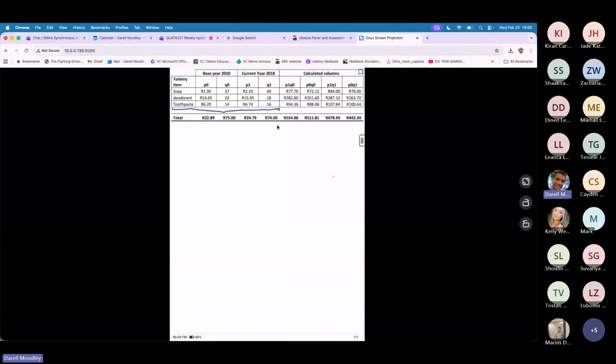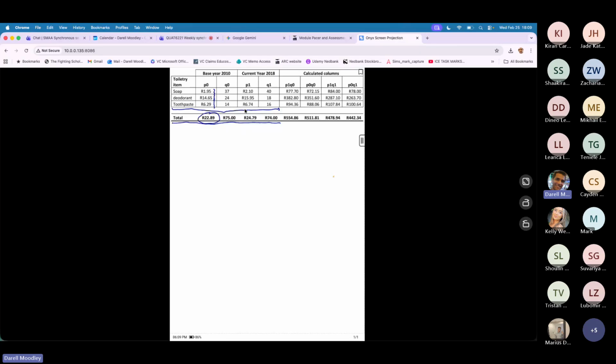What I recommend you do immediately when you get this table is to calculate the totals going down the rows. So for instance, this total here, this 2289, all you're doing is adding the price of soap, which is 195, the price of deodorant, which is 1465, and toothpaste, which is 629.